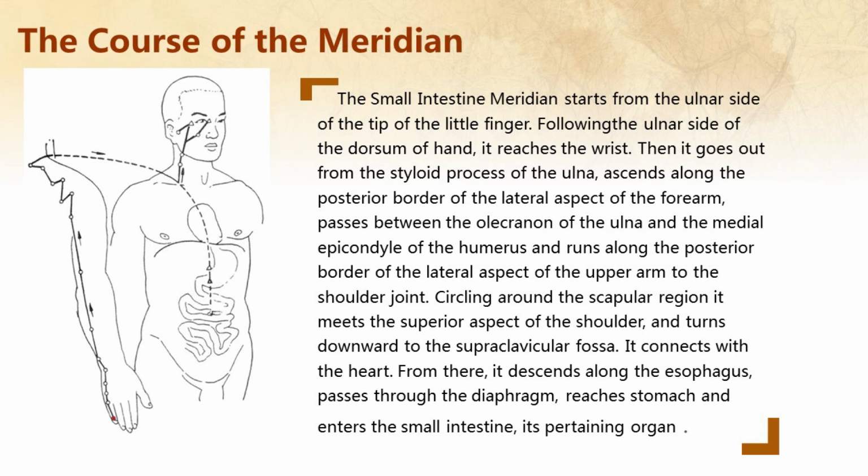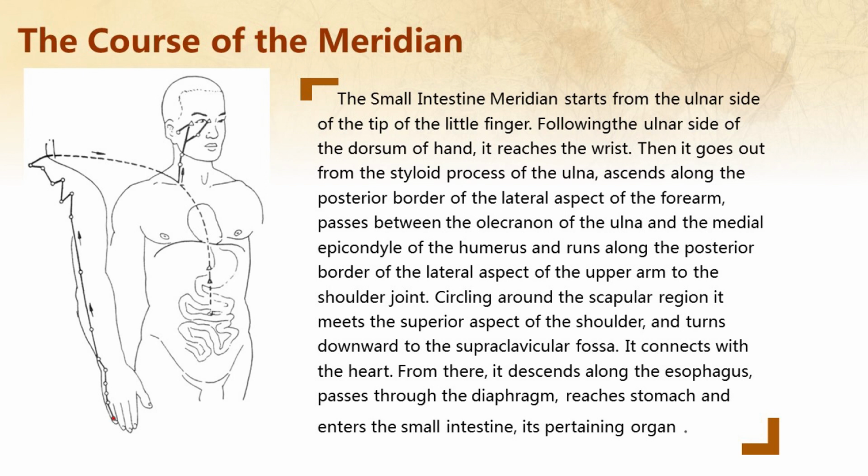The small intestine meridian starts from the ulnar side of the tip of the little finger, following the ulnar side of the dorsum of hand. It reaches the wrist.